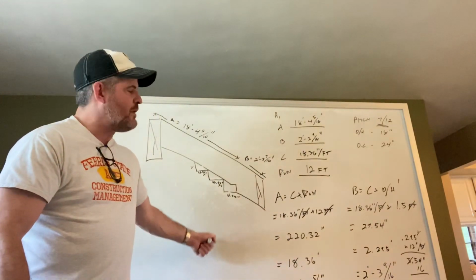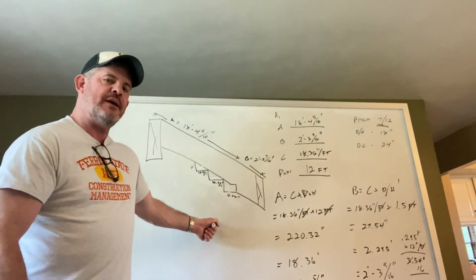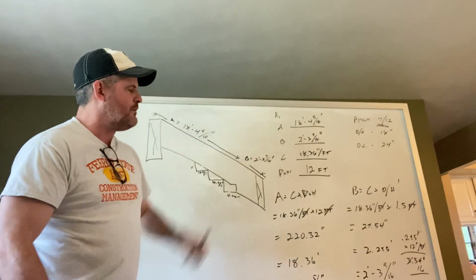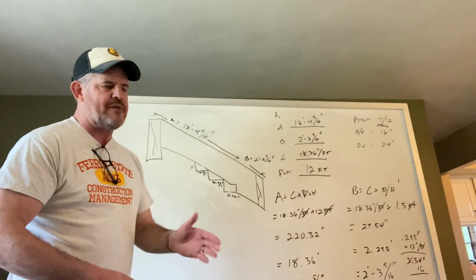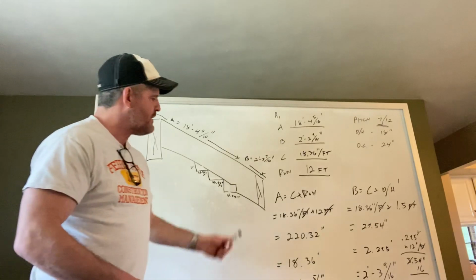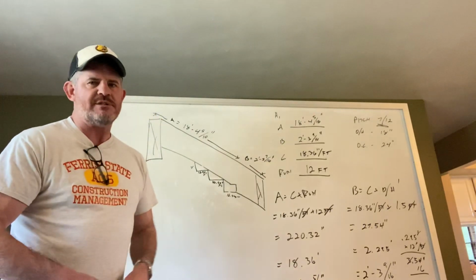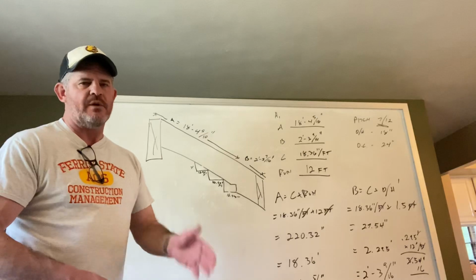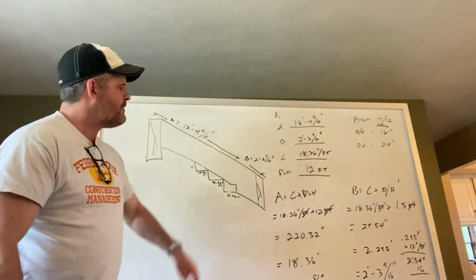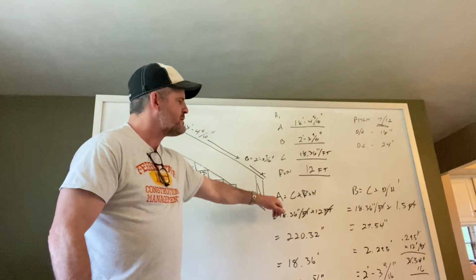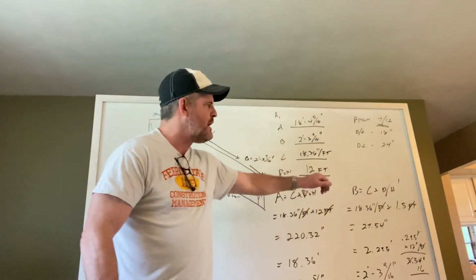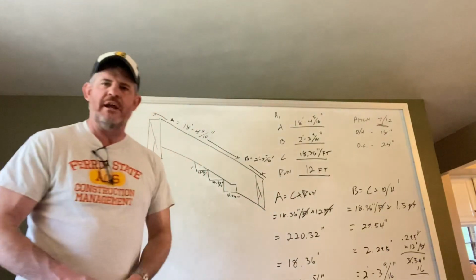If you understand what we've talked about so far, and at worst case scenario, if you at least can remember the rules: anytime a rafter hits the top plate at 90 degrees, my unit run is 12. Anytime the rafter hits the top plate at 45 degrees, my unit run is 16.97. From there, you can solve for your A length and your B length using your two formulas, A equals C times run and B equals C times overhang in feet.